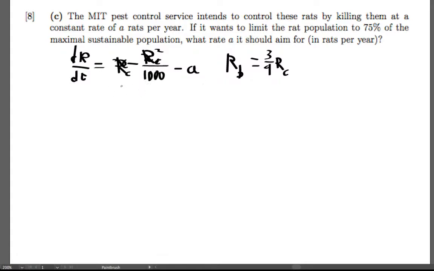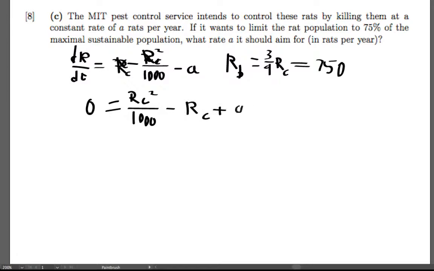And so when you just take this to be 0, this would equal RC squared over 1000. Subtract that by, oh wait, this would actually mean 750. And this RC plus A. There we go.